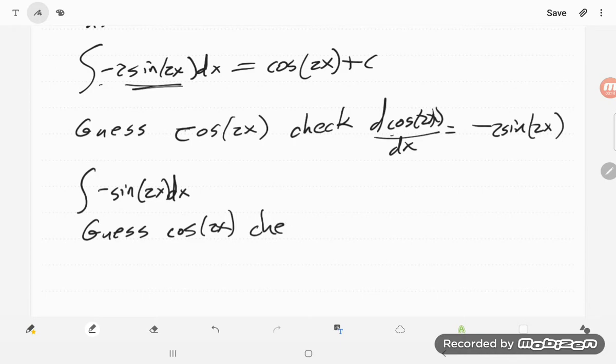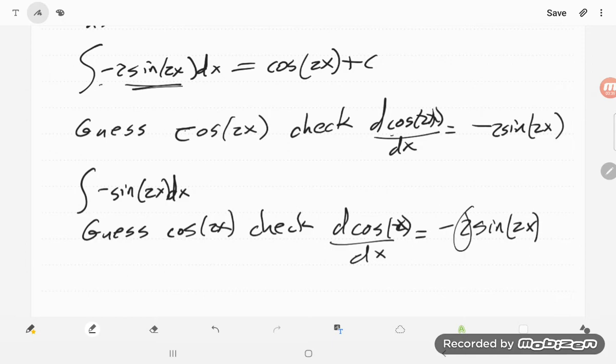And I would check. And of course, when I take that derivative, hopefully we're getting to know that derivative pretty darn well at this point, I should get minus 2 sine of 2x. And, well, that doesn't match. Okay, I have that extra 2 in there.